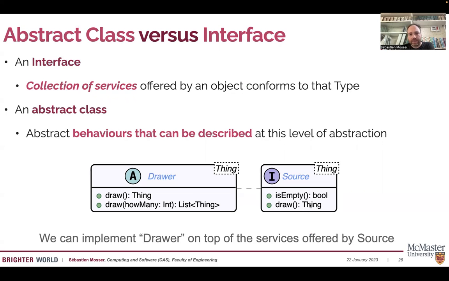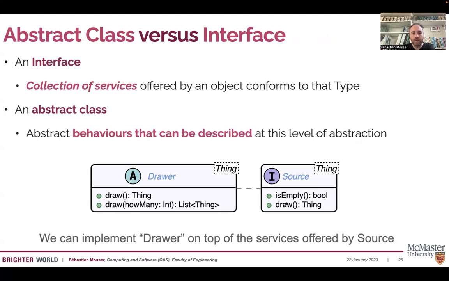The abstract class helps me to define and reuse behavioral abstraction, okay? We've seen together that this draw how many can be 100% implemented with no assumption of what the source is. So I can actually write this code just by knowing that I'm talking to a source. I can write the code, I can have these things up and running, okay?